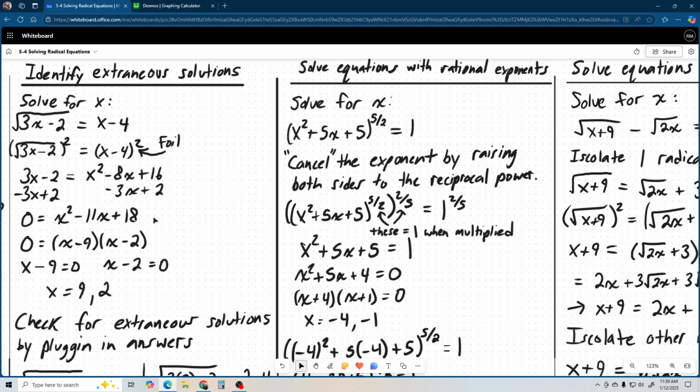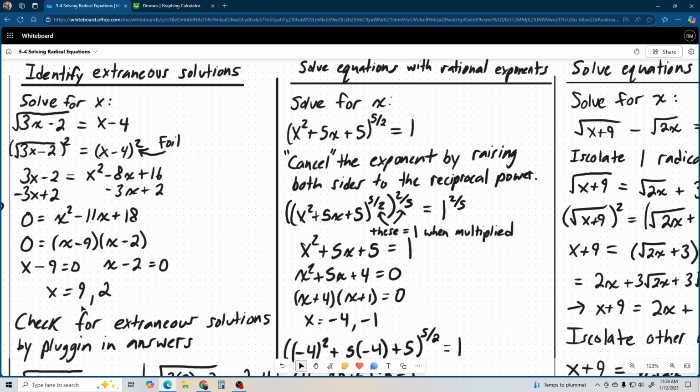And then once we're here, we're going to factor using trinomial factoring. So we'll notice that x minus 9 and x minus 2, right? Because negative 9 and negative 2 make negative 11, and negative 9 times negative 2 is 18. So this will trinomial factor into this, which means that when we set these both equal to 0, x will equal 9 and 2.